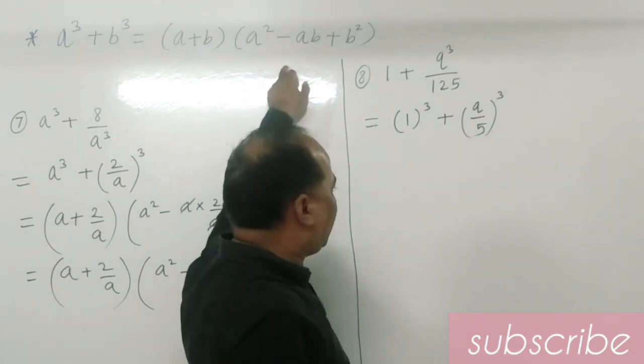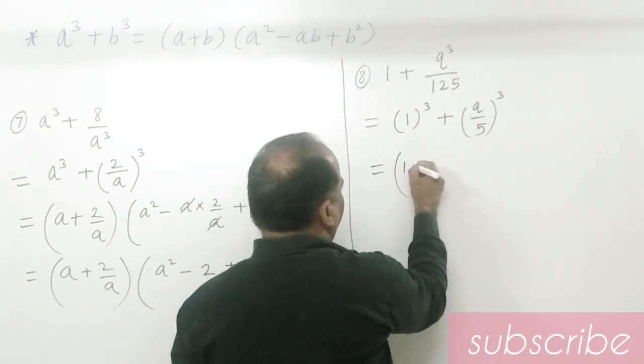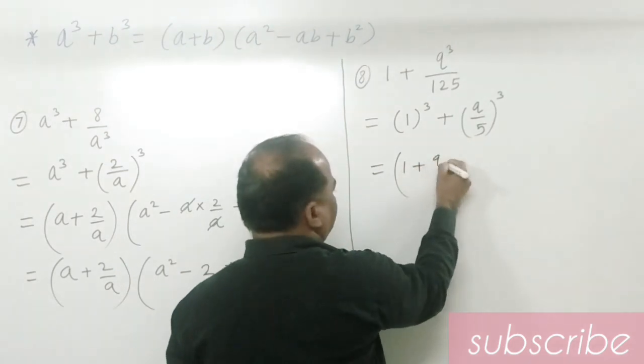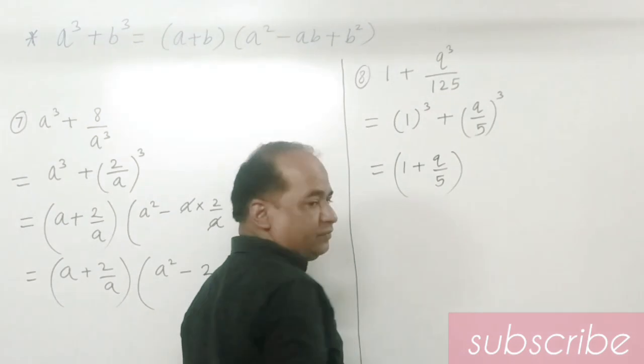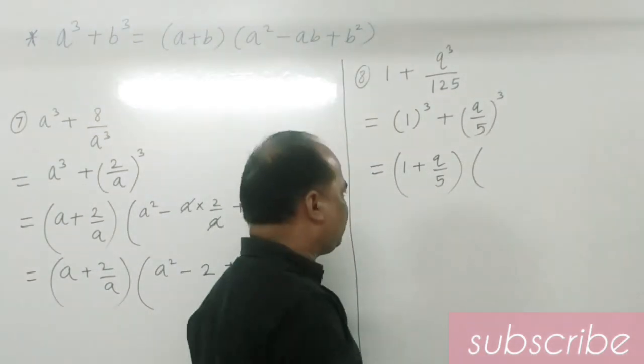So we will apply this formula a cube plus b cube. First bracket a plus b, that is 1 plus q upon 5. Second bracket a square minus ab plus b square.